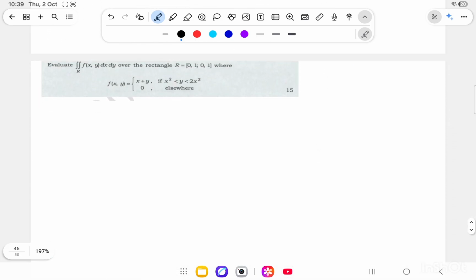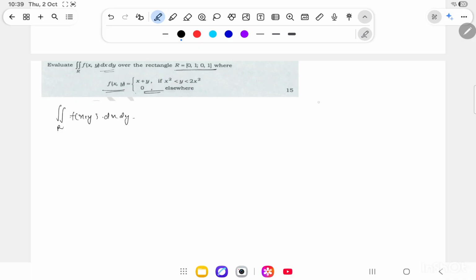The next question says to evaluate this integration over the given rectangle, where the function f(x, y) is defined as this. We are supposed to integrate it over R, which is a rectangle, f(x, y) dx dy.